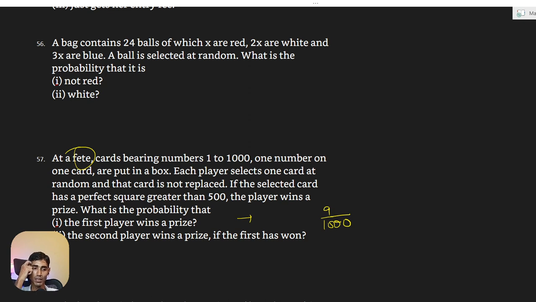So there are 9 numbers between 500 and 1000 that are perfect squares. Is that right?